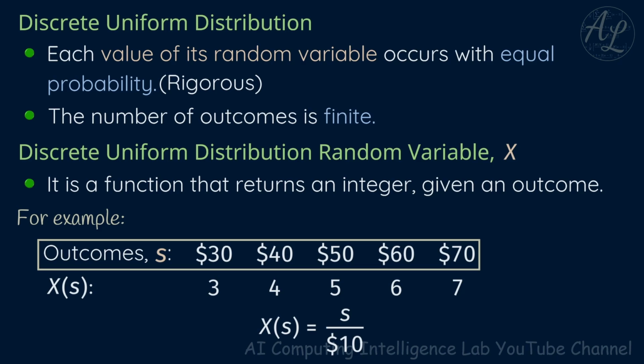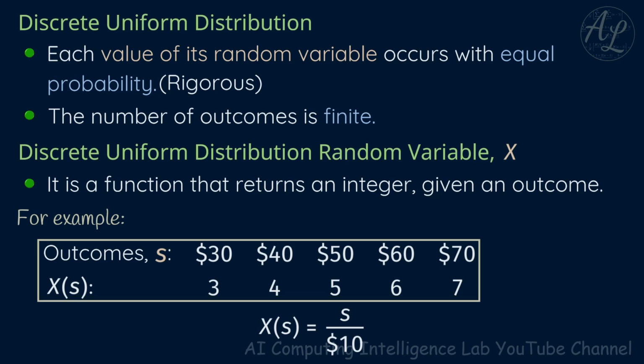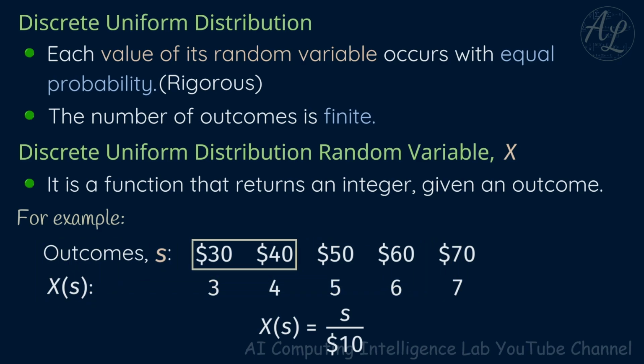But these outcomes can also have equal probabilities in a special case, like this, where there is a one-to-one relationship between the possible outcomes and the values in here. But if we don't have a one-to-one relationship, for example, let's say both these $30 and $40 are designated with 4 as their value of the random variable, instead of separate 3 and 4.